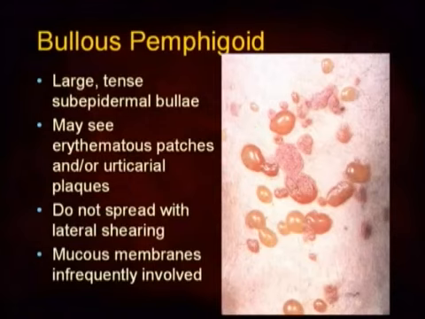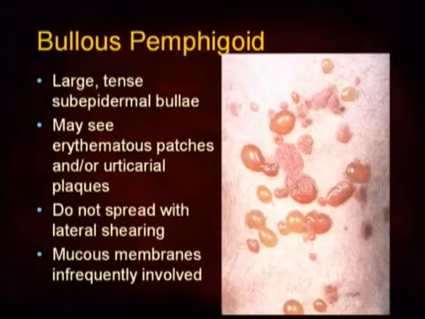Bullous pemphigoid, which you may all be familiar with, is an autoimmune blistering disease where patients develop large, tense, again, subepidermal blisters. These patients tend to be kind of itchy with their blisters, and in fact, early on there is an urticarial phase, or urticarial pemphigoid, which can occur before the blisters fully develop.